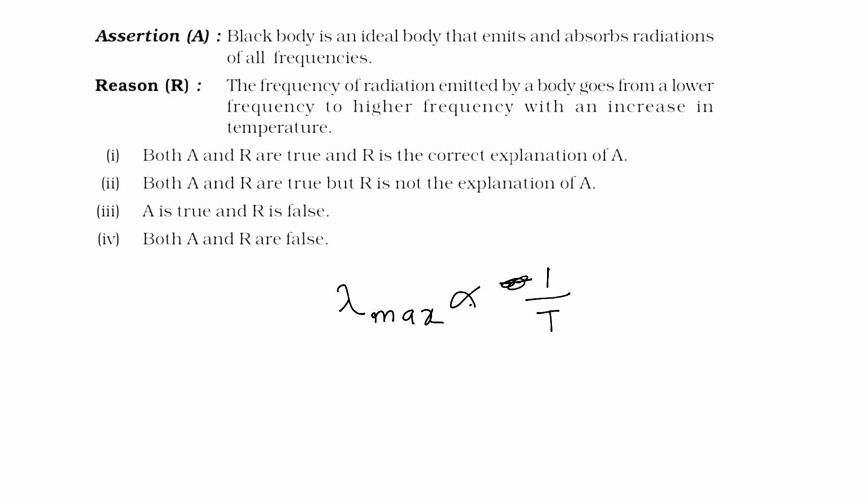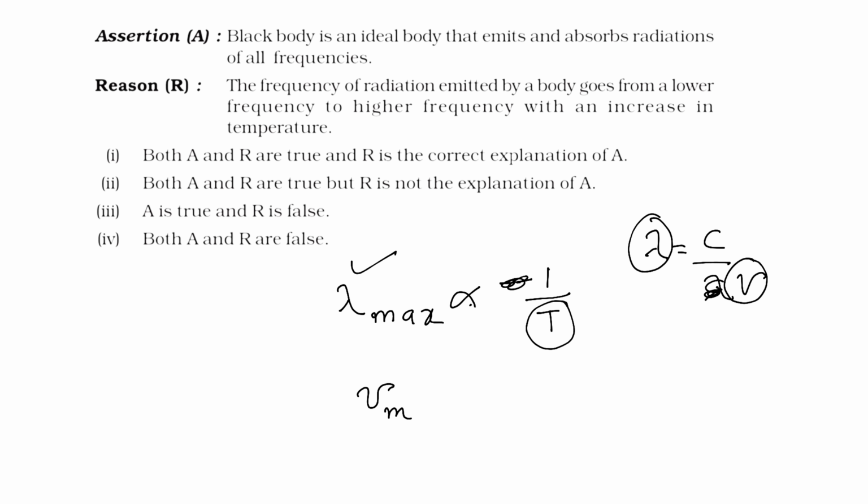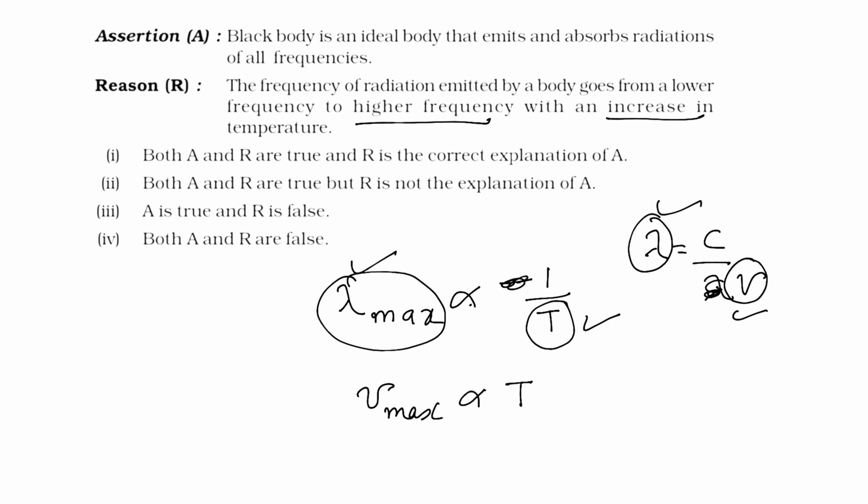So what you can write? Frequency maximum will be directly proportional to temperature. So we can directly say frequency and temperature are directly related, not inversely. Okay. So higher frequency means higher temperature. Perfect. But it does not explain the assertion. It does not explain why a black body can emit or absorb radiation.